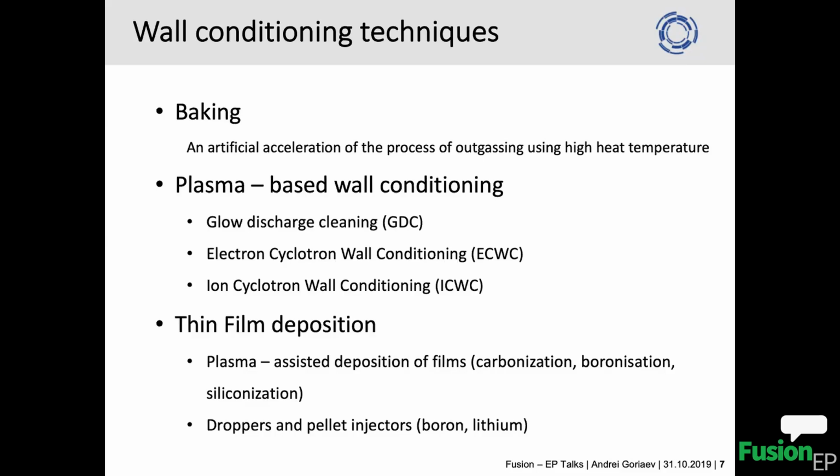The plasma-based technique depends on what type of plasma source you have. Either it can be electron cyclotron wall conditioning, which is based on ECRH plasma, or ion cyclotron wall conditioning, which is based on ICRH plasma.